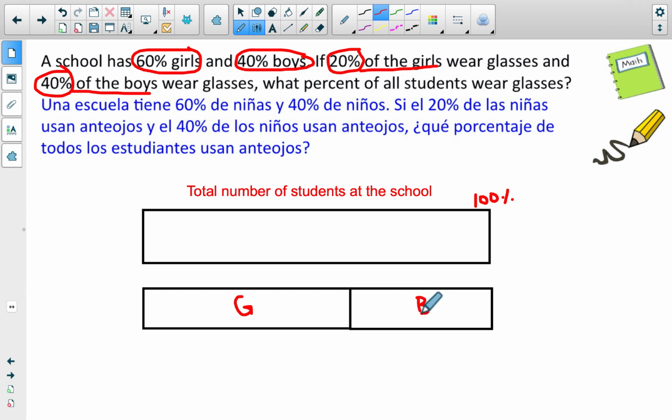Our goal here is to find 20% of this 60%, which is about this much down here, and then 40% of the boys, which I would say is about that much down here, and find out what percent that is out of the total amount.